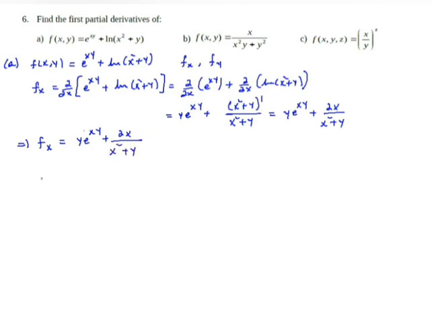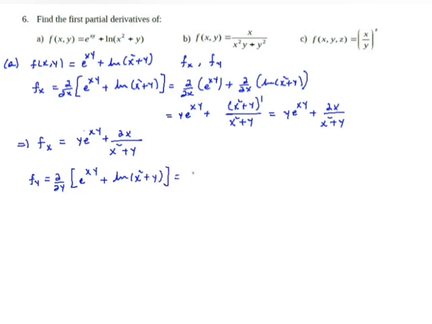Okay, now we go to fy, the partial derivative of f with respect to y. So fy means we take the derivative with respect to y, keeping the rest as a constant. x is now assumed to be a constant.